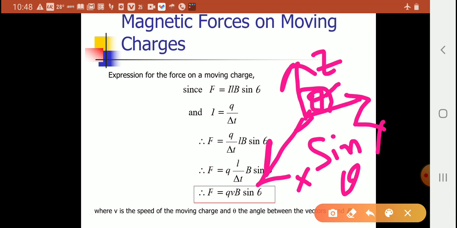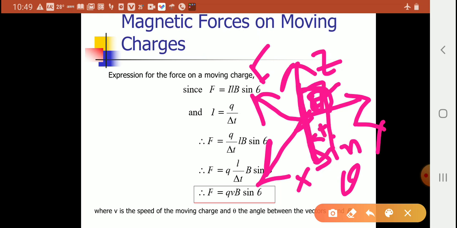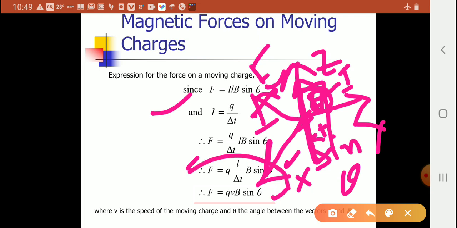The force exerted is different. This is the F. In between, current flows in a conductor. This is the conductor, with positive charges flowing, I, right? Since F equal to ILB sin theta, and I equal to Q upon delta T, F equals Q upon delta T, L B sin theta. With L upon delta T as V, F equals Q V B sin theta. This is the force on a moving charge in a magnetic field.